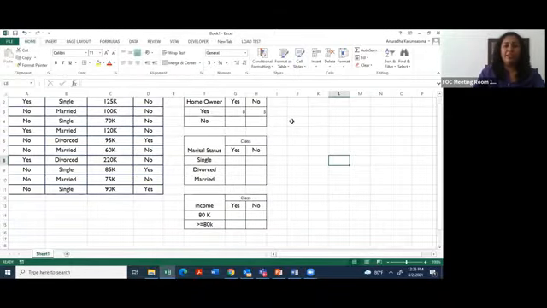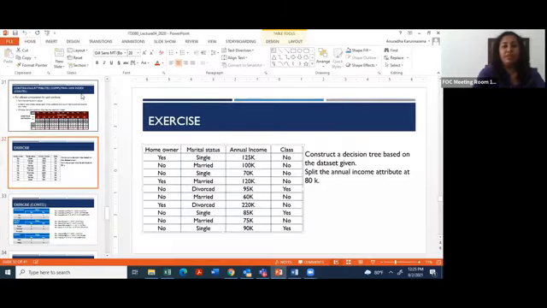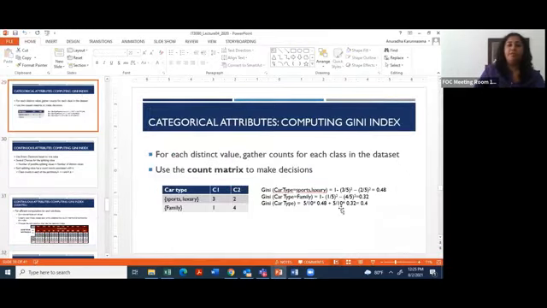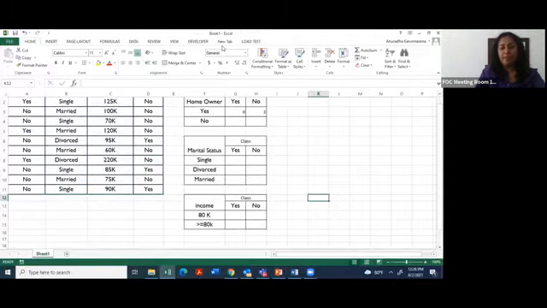After that, you have seen the Gini index equation in the previous one. Do this particular computation. Find the Gini index for the partition and Gini index for the attribute. Right? So can you do that?